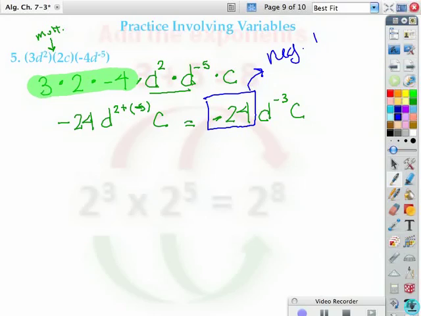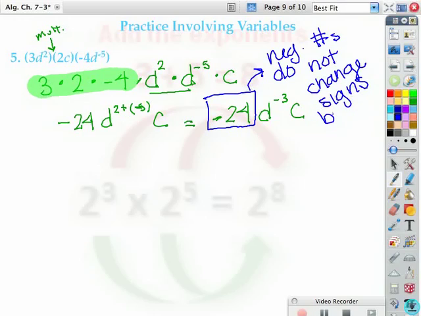Negative numbers do not change signs by switching to the denominator. Okay, so you don't change it. So we keep that negative 24.